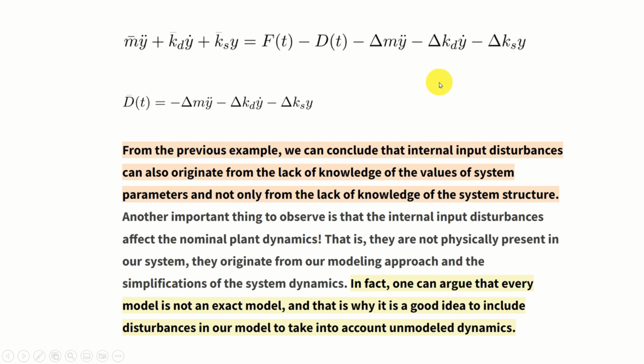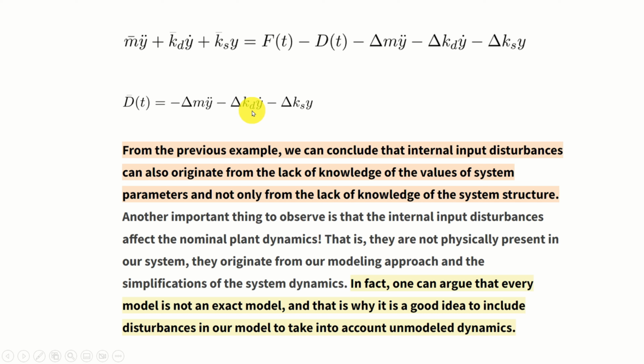From the previous example, we can conclude once again that internal input disturbances can also originate from the lack of knowledge of the values of system parameters and not only from the lack of knowledge of the system structure. Another important thing to observe is that the internal input disturbances affect the nominal plant dynamics. That is, they are not physically present in our system, they originate from our modeling approach and the simplifications of the system dynamics.